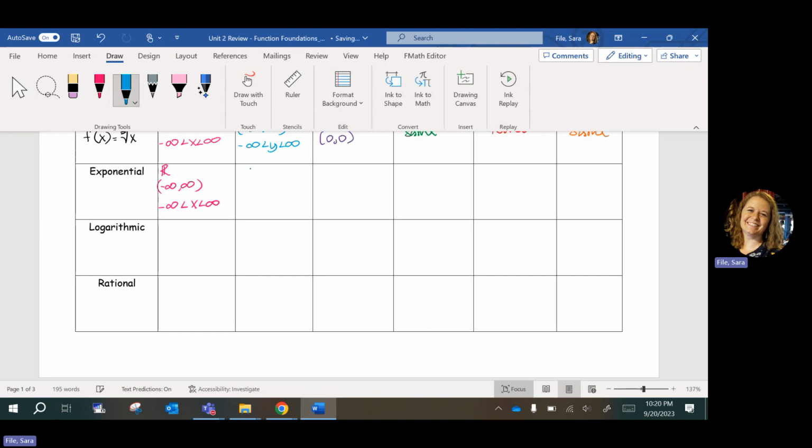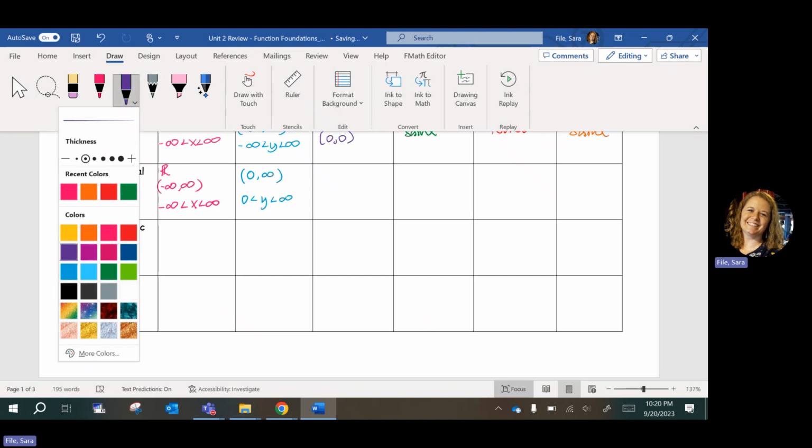And the range is going from 0 up to infinity. Now this time, the 0 is not included because it's an asymptote. So make sure you use a parenthesis there if you're doing interval notation, or if you're doing inequality notation, make sure your inequality does not have an or equal symbol on it.